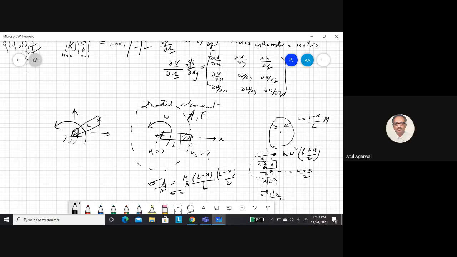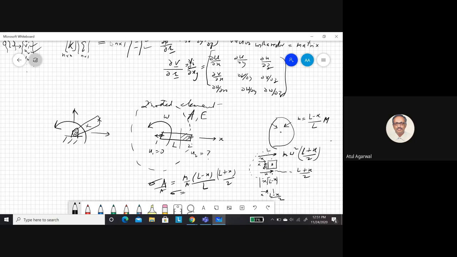Tensile. Yes, it is tensile. The force is in the negative direction and the normal vector is in the negative direction, so it becomes a tensile stress. So you have tensile stress in this bar.